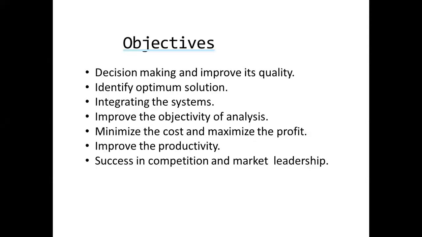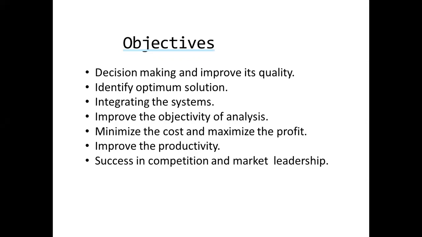Okay, so now we start with the objectives of operational research. The first objective is decision making and improving its quality. Firstly, we have to make a decision on the basis of solutions, which we decide as alternative A and alternative B, and we have to improve its quality. The second point is to identify the optimum solution.